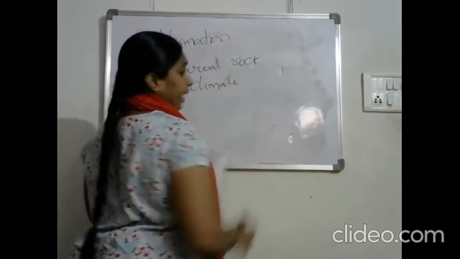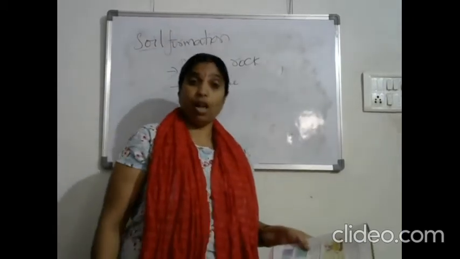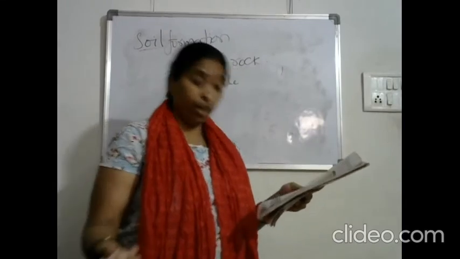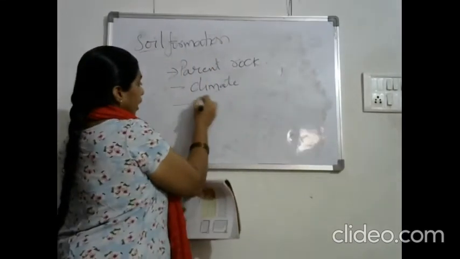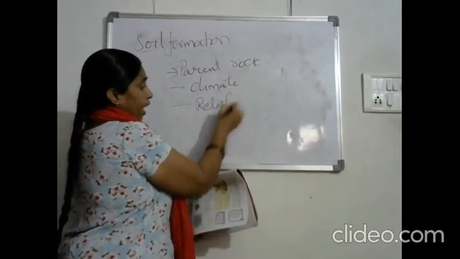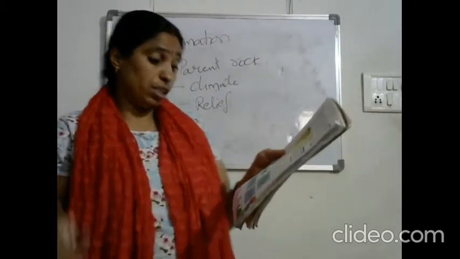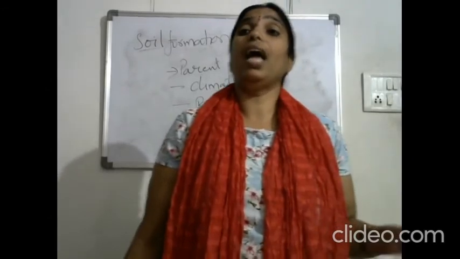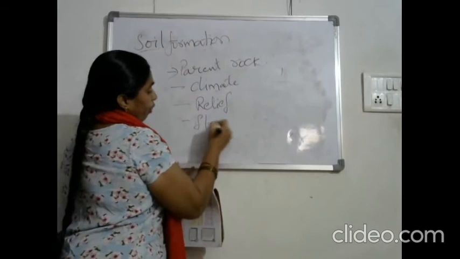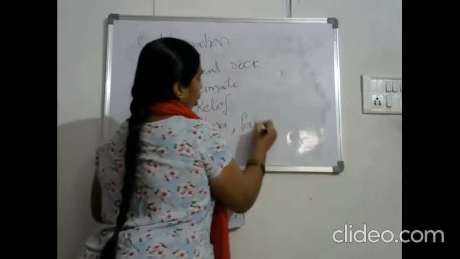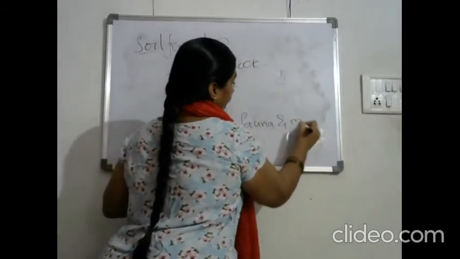Climate means what? It includes the temperature, rainfall, weathering, and humus formation. Then comes the relief. What do you mean by relief? Altitude, slope, determination, and accumulation of soil. Then flora, fauna, and microorganisms.